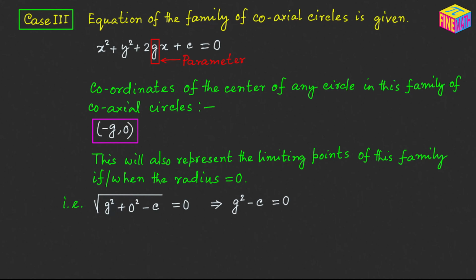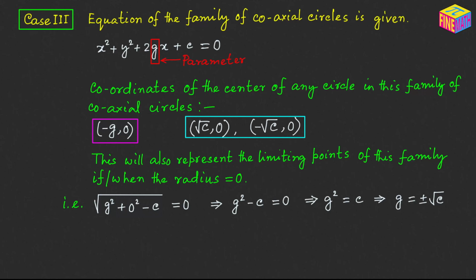And from here, we can say g squared minus c equals 0 if we take a square on both sides. And from there, we can say g squared equals c. And now we have two values of g. Those are positive and negative square root of c. So then, the coordinates of the centers of any circle belonging to this family of coaxial circles would be like this. I have noted it in white color with a light green box. It would be positive square root of c, 0 and negative square root of c, 0.